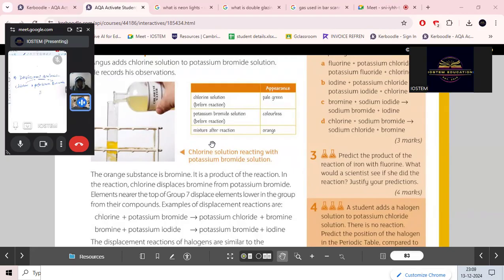It will create potassium chloride. Chlorine will come in place of bromine, and bromine will be released. So the chlorine is displacing the bromine from the compound and taking its place. That's why it is called a displacement reaction.